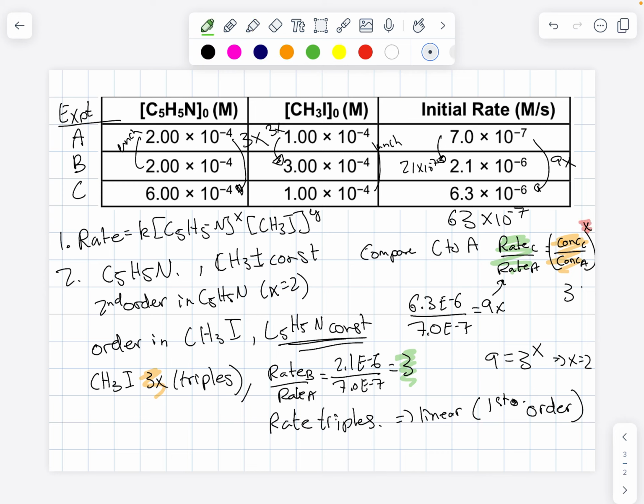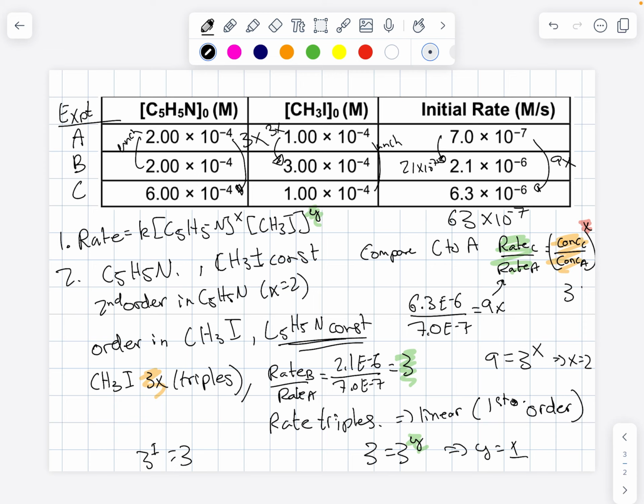The exponent comes up top there, so this is going to look like 3 is equal to 3 to the, in this case, the unknown power y. So 3 is equal to 3 to the y. Again, the only number that makes that equation work is y equal to 1. 3 to the first power is equal to 3. With that, we've finished step 2.